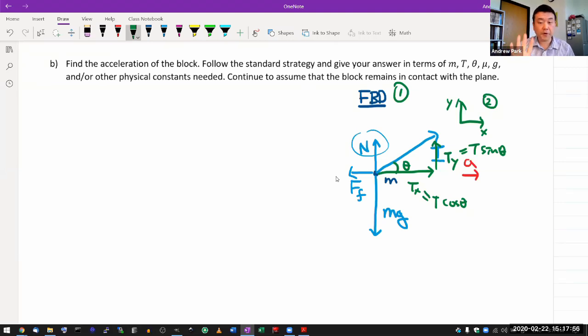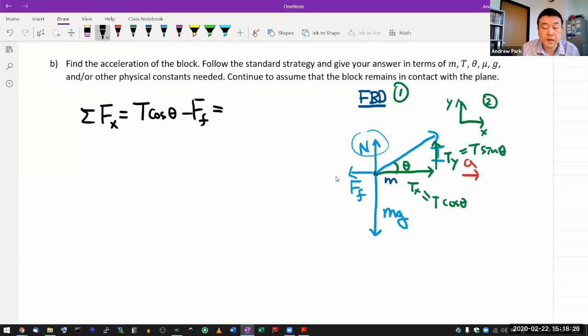All right, finally, step number 4, I need to write down Newton's second law equations. I have one object, 2 dimensions, so I need 2 equations. My equations are net force in the x direction: the x component of tension, T cosine theta, minus the friction force, is equal to mass times acceleration.